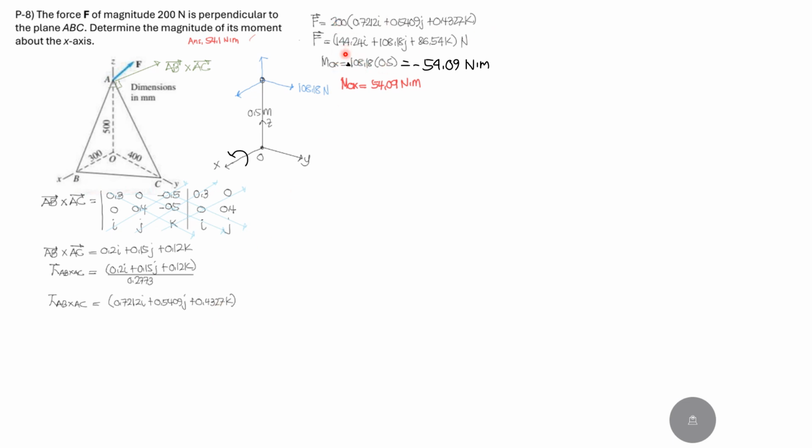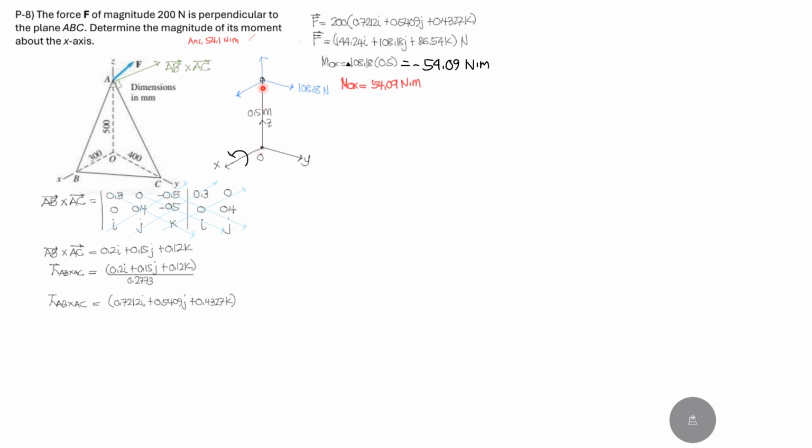And we obtain F as 144.24i plus 108.18j plus 86.54k N. We then move these components to A. It's acting at A, so this is Fx, which has no moment about x.